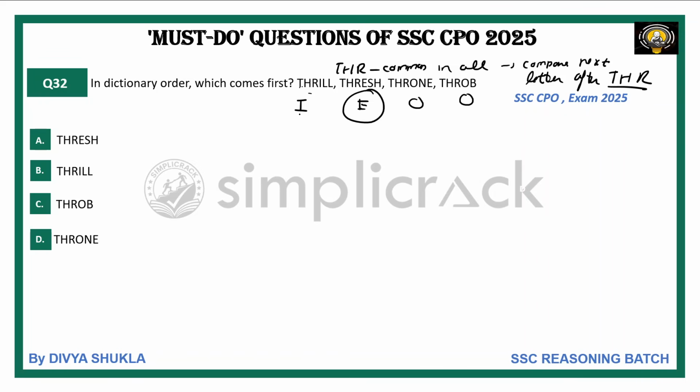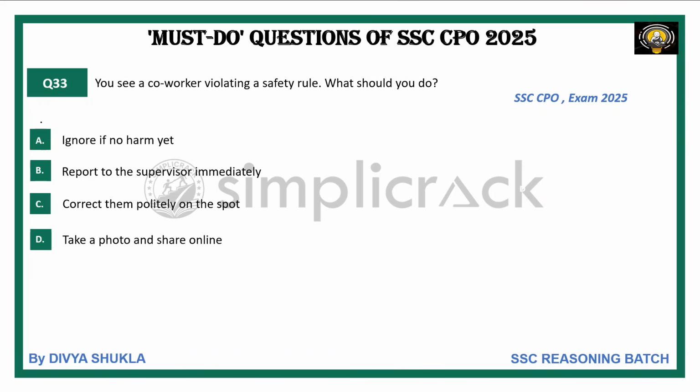Here it is I, here it is E, here it is O, here it is O. So the first word that would come in the dictionary order is thresh. Option A is the right answer for this question.